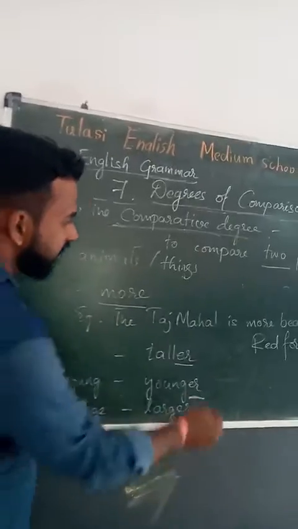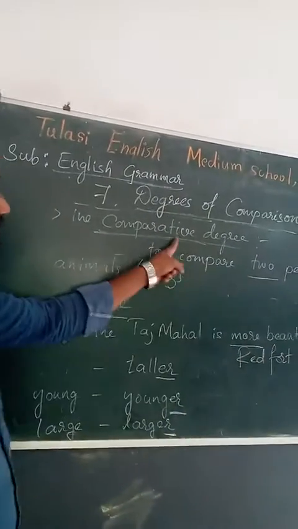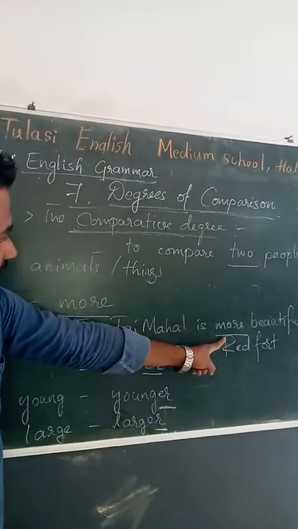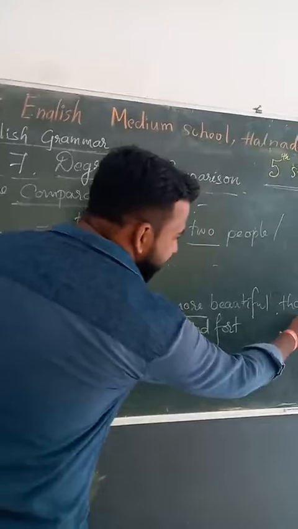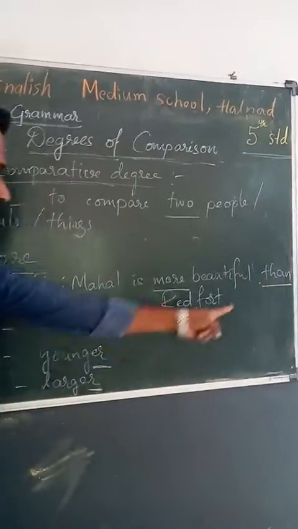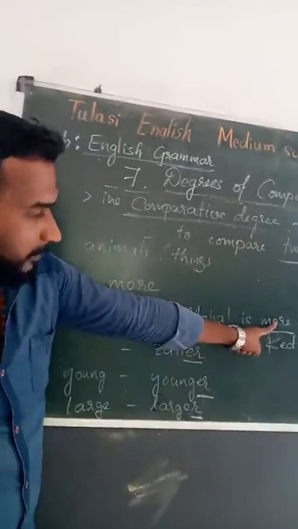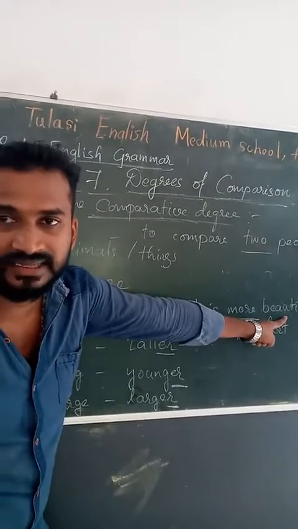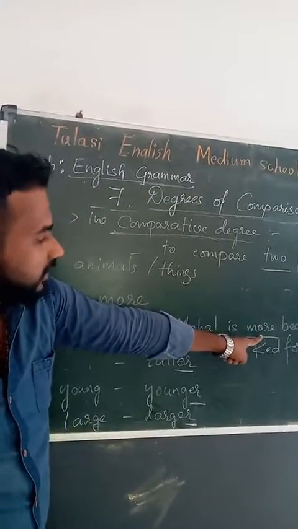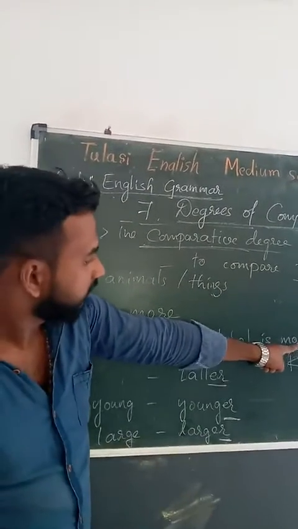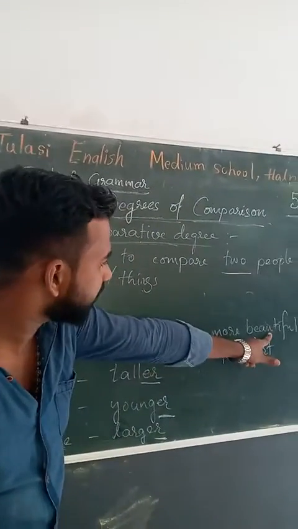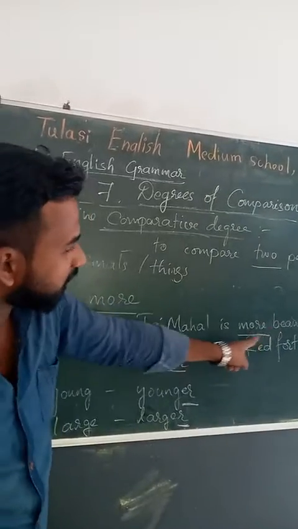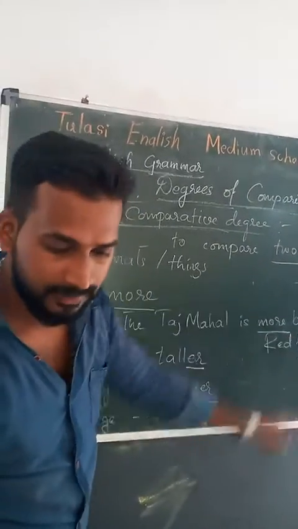See, more also can be used while comparing with another, and also it is must and should, than must be used here. For some adjectives we cannot add er or r, so we have to take more. See here, for beautiful we cannot say beautifuler, we say more beautiful.